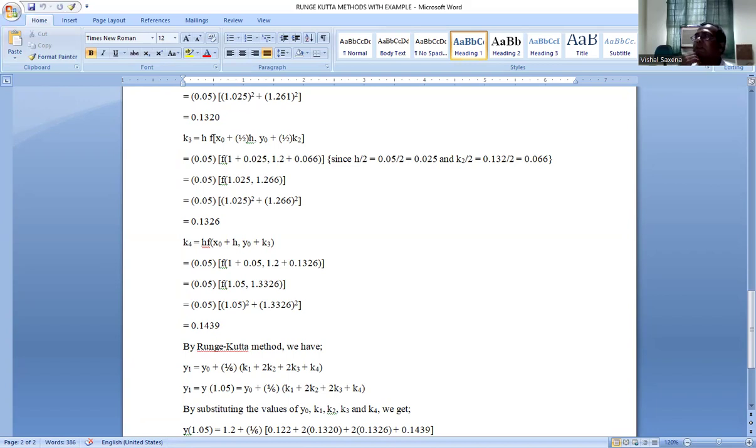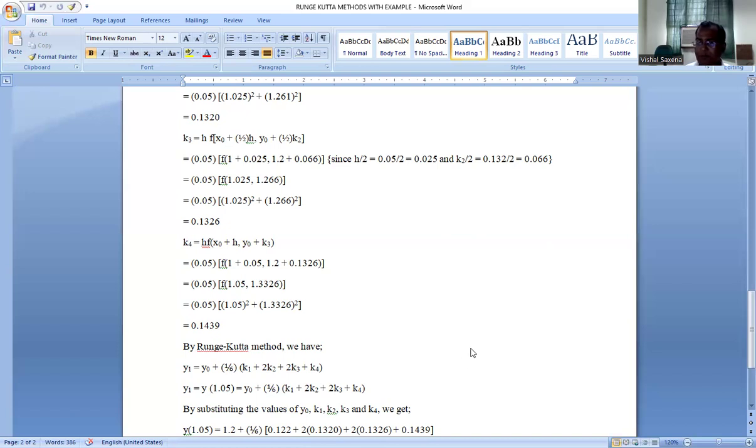Because we have taken h as 0.05 and x naught as 1, x1 becomes 1.05. Corresponding to this 1.05, we have to find the value of y, that is y1. Initially we put n equal to 0, so y1 becomes y0 plus 1 upon 6 (k1 plus 2 k2 plus 2 k3 plus k4).